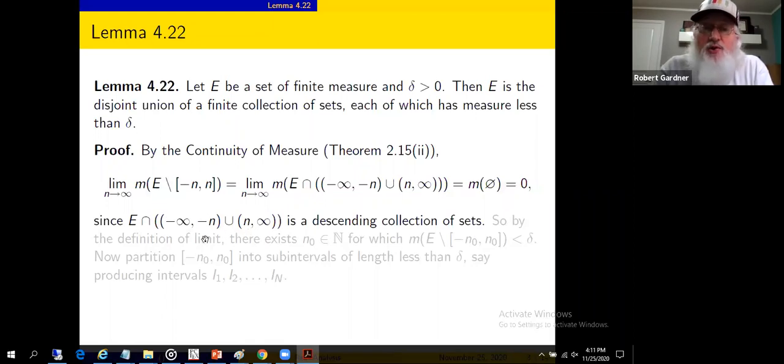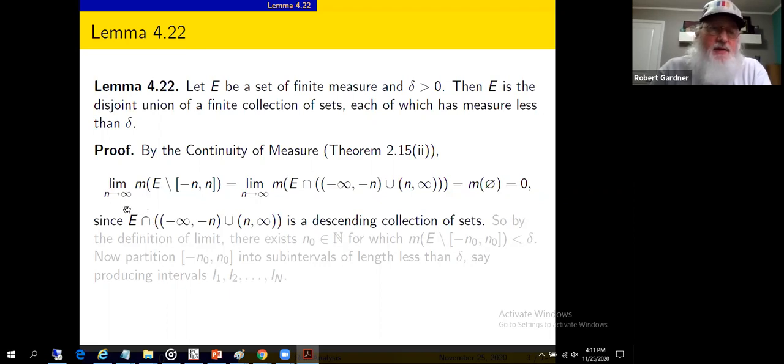When n gets larger, E intersect this, we're intersecting with a subset, so we're getting indeed a descending collection of sets in terms of n. Not only that, when n approaches infinity, the limit of that descending collection of sets is the empty set. So it makes sense to talk about limits of sets, but only when that sequence of sets is ascending or descending. Here they're descending, and the limit, the intersection of all those sets, is the empty set.